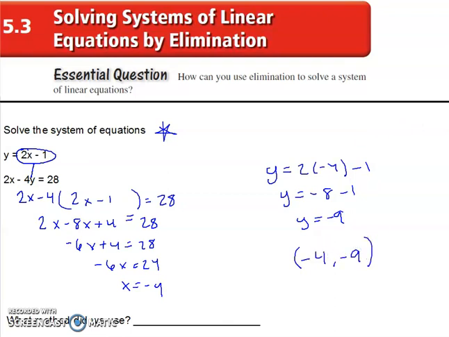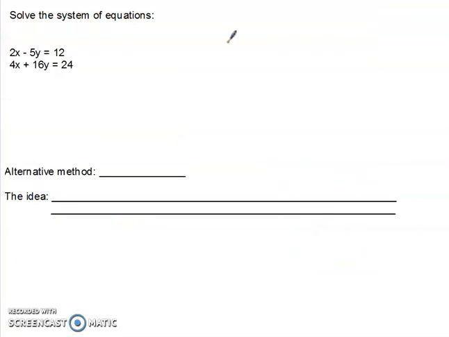This method we spent our last few videos talking about is the method of substitution. We are replacing one variable for another, or we are substituting y with that 2x minus 1 value. So our third method is going to be elimination, and that's going to be used to solve a system of equations something like this.